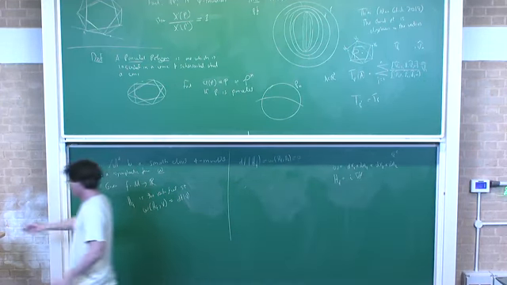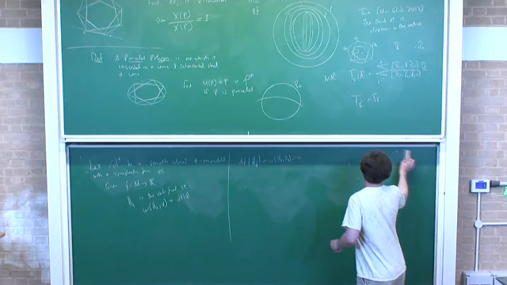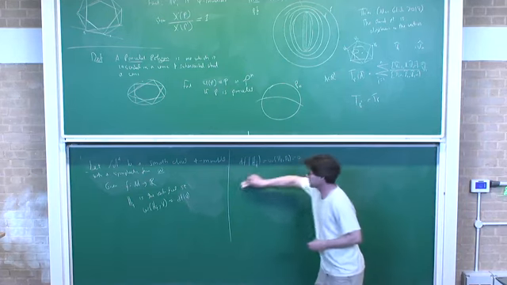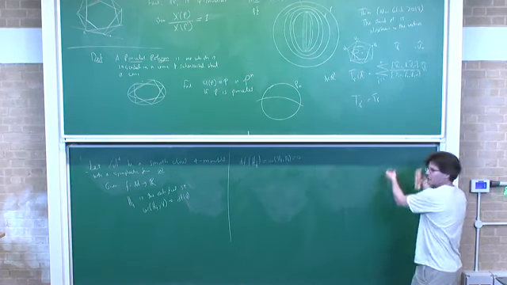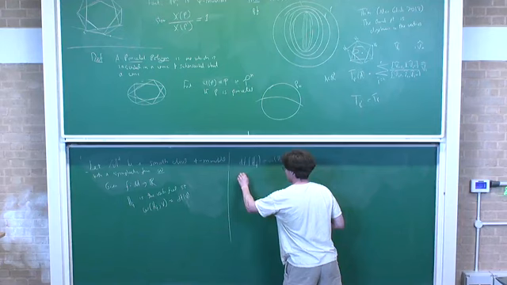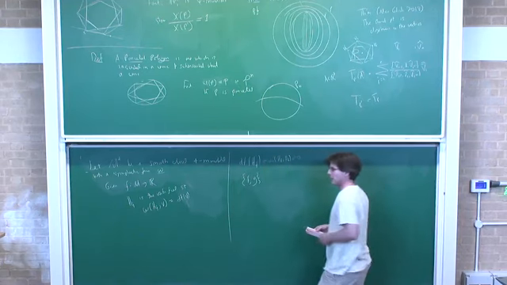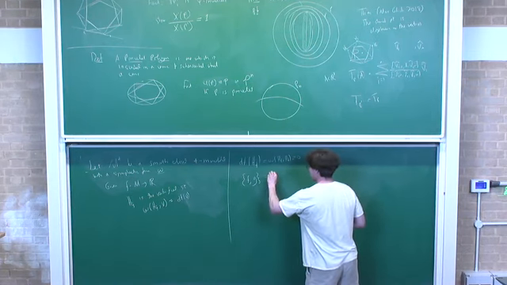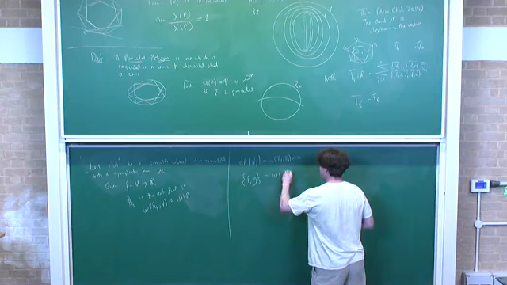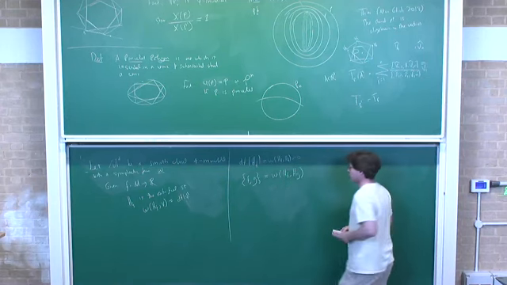Okay, so there's more structure, and there are some calculations which I'm not going to do, but if you do them all in these coordinates, they're pretty easy to do, or not too bad. There's a definition called the Poisson bracket, and this is defined to be omega of Hf with Hg.